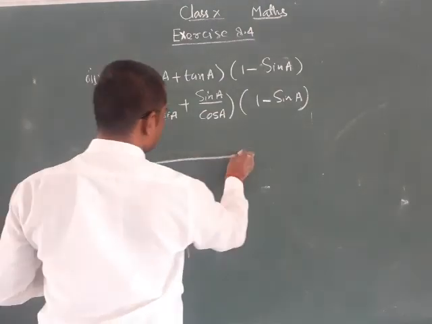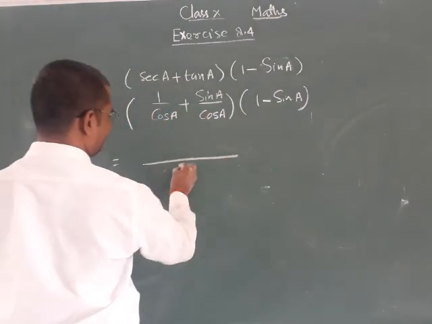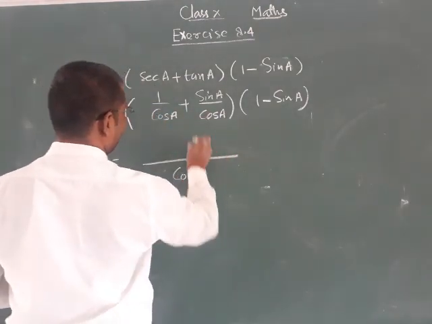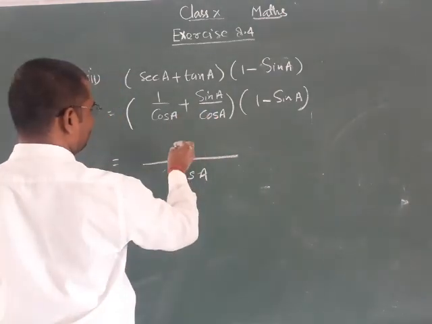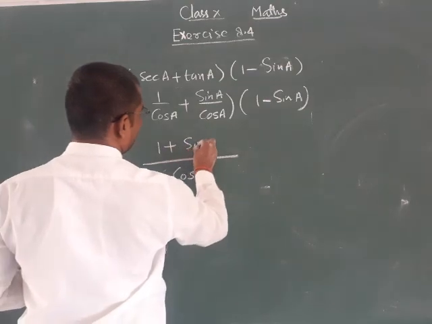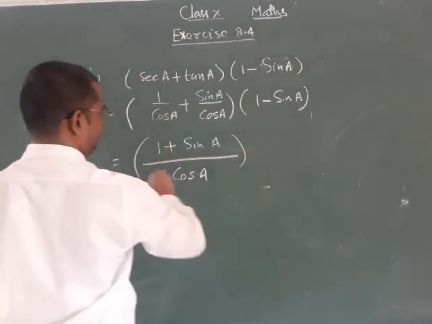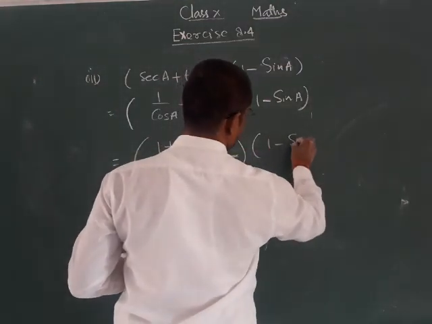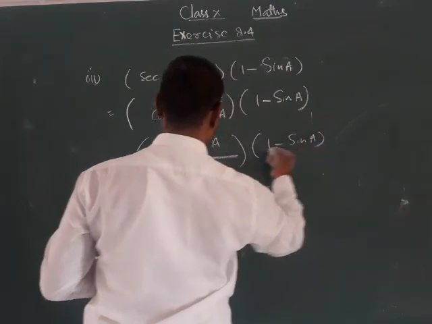So cos a common out and cos a common out, taking LCM cos. So 1 plus sin a, 1 minus sin a.